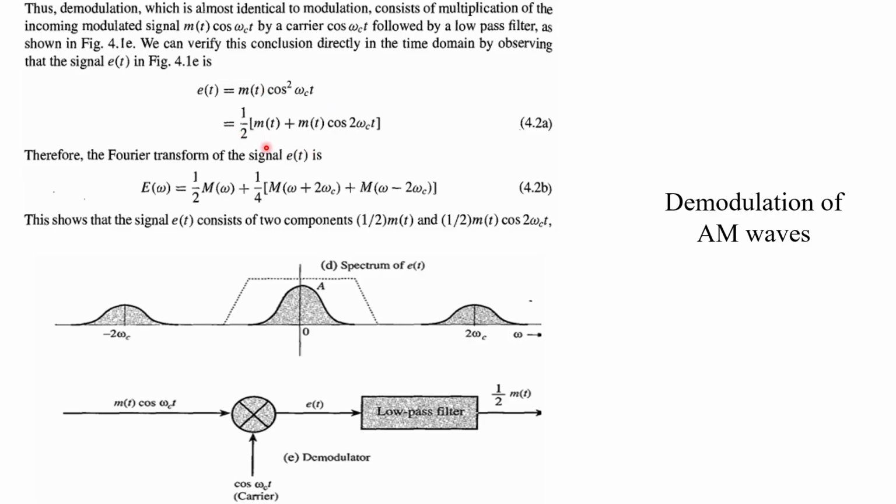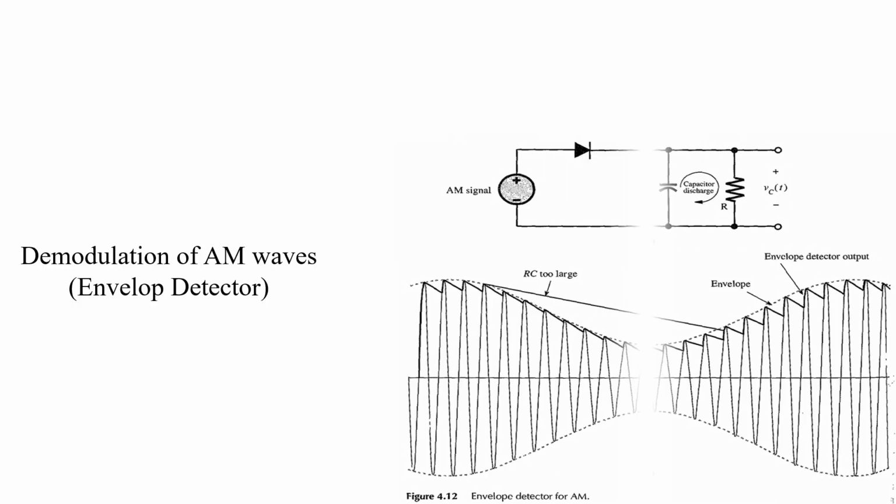So here it will be 1 plus cos 2ωt, over 2, and now we are going to get the m(t), right? So we can convert into the frequency domain, so 1/2 of M(ω), and this is the shifted one, so we will get this. So this is our target to achieve, right? So this is also the demodulated signal. This is the simple technique to get the demodulated signal.